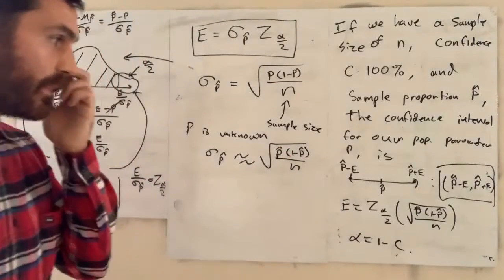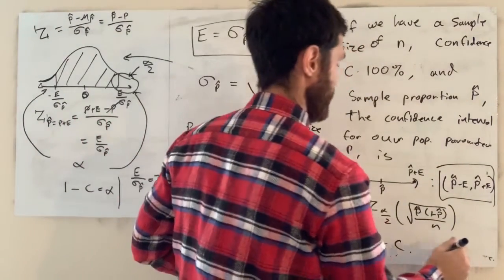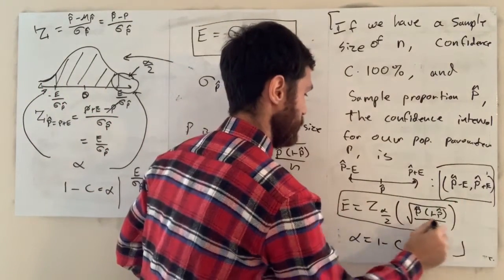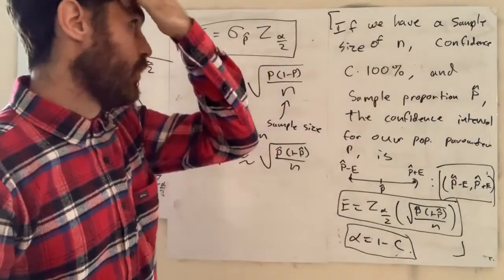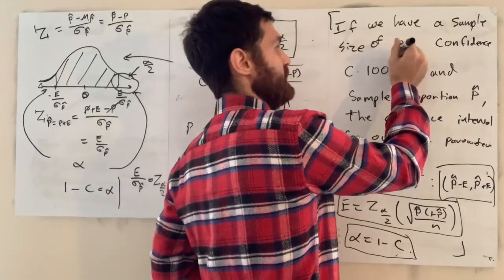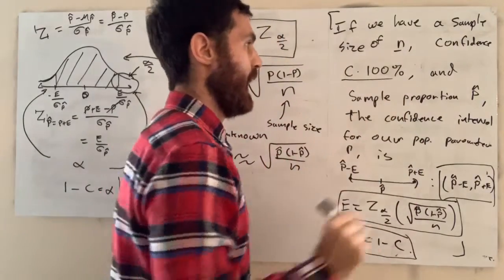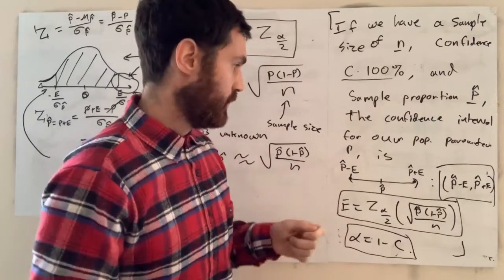Okay, so what I want you to take away from this is the punchline. This is how we're going to be computing these things. E is equal to this, alpha is equal to this. So again, we're going to be given a sample size, a certain confidence, and a sample proportion because we're going to choose a sample.